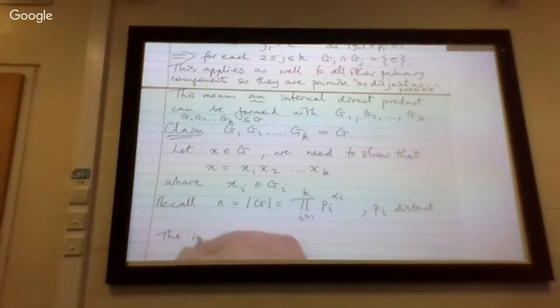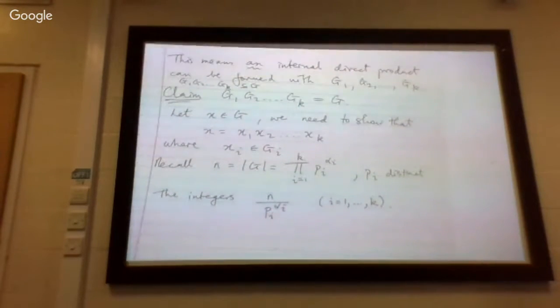Now consider the integers n divided by pi to the alpha i. So these k integers.